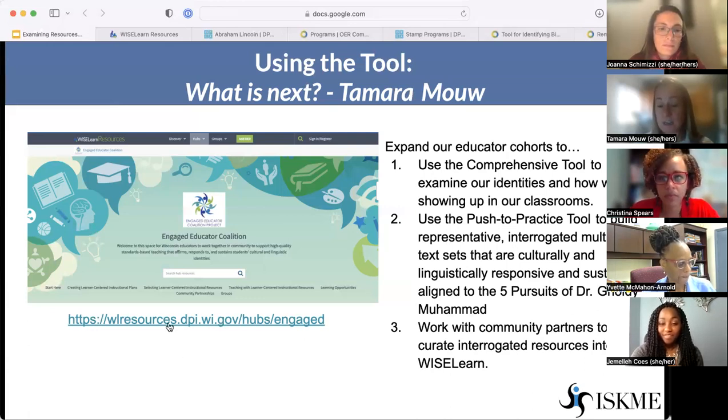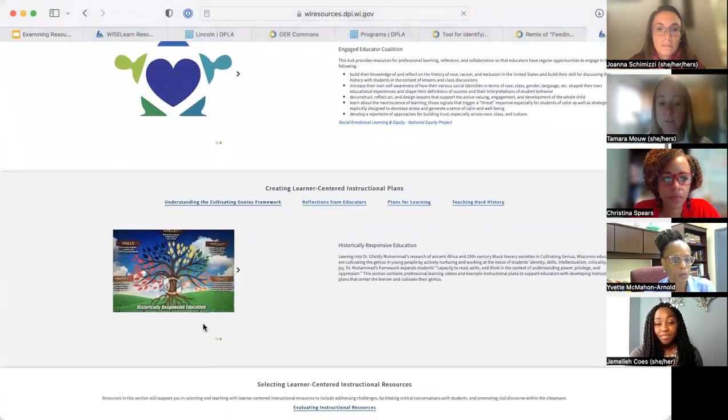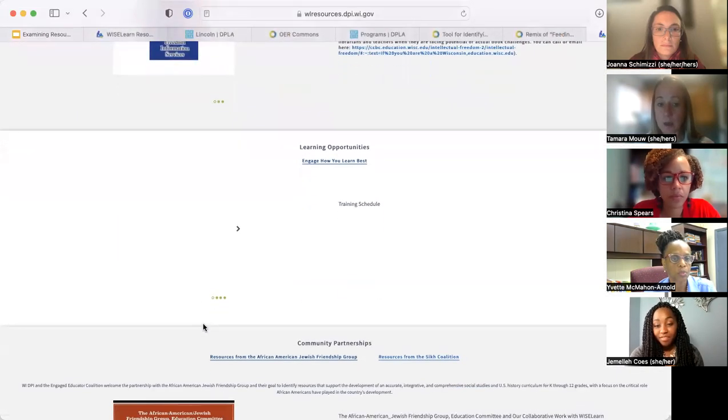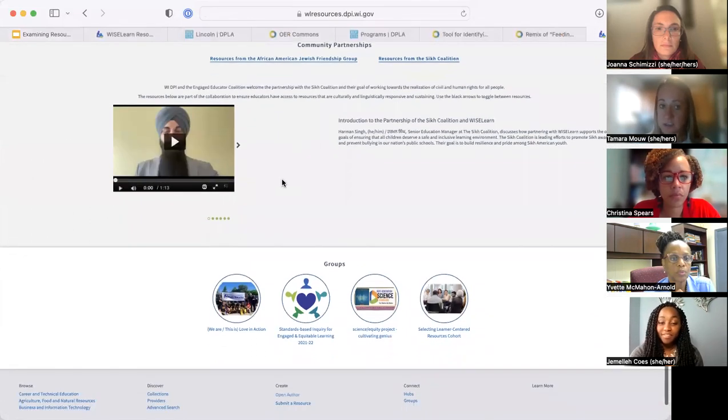And also expanding on our community partnership. So we've been working in partnership with our communities. We have a strong partnership with our African American and Jewish groups, and they have curated a group of resources that we have housed in the repository. We've been working with the SIKH Coalition at both the state and national level.